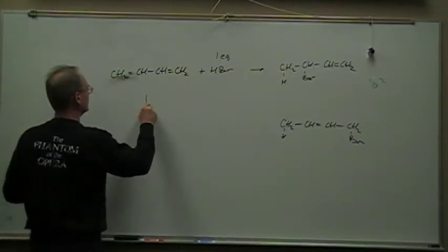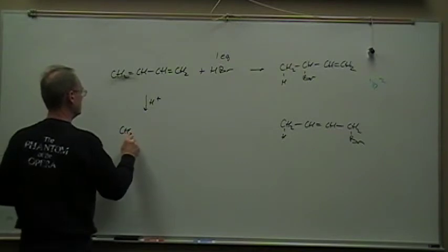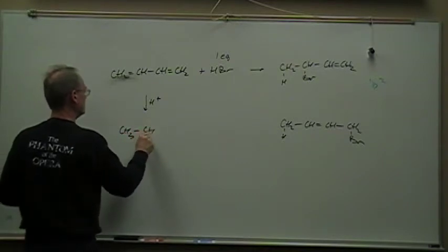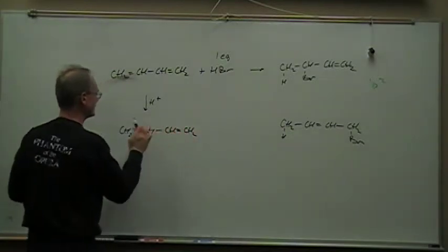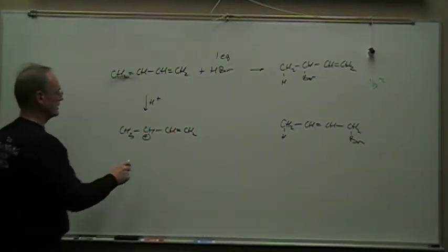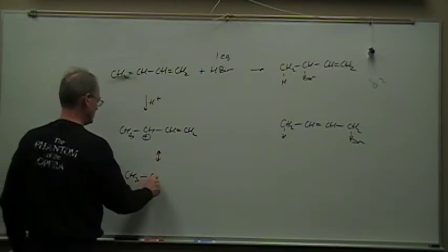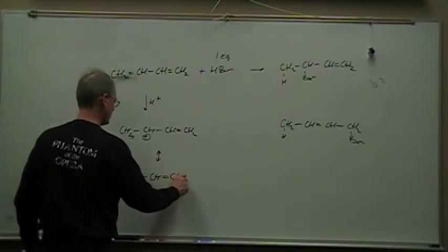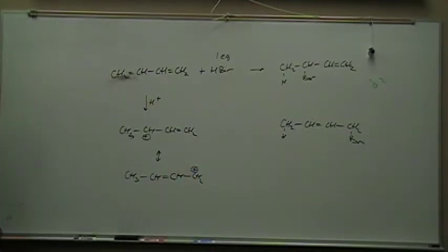Once you protonate this in the mechanism, you get a positive charge at the second carbon, which is allylic, meaning it has another resonance structure in which you shift the double bond, and the positive charge moves to take its place.